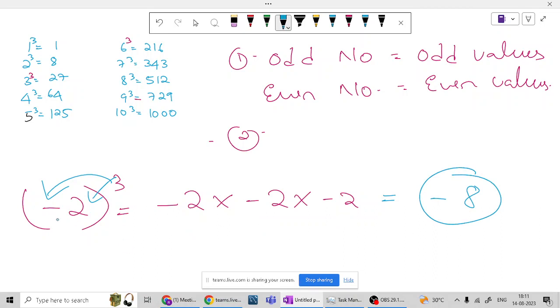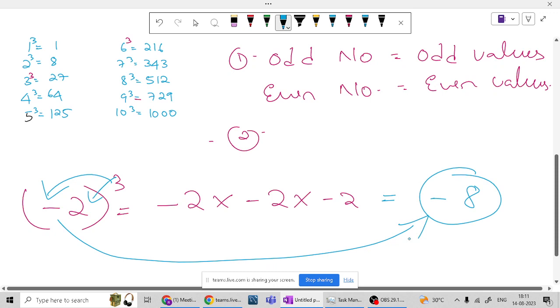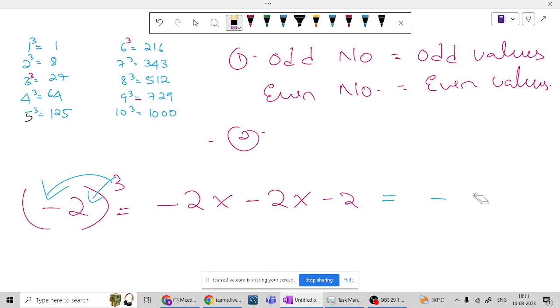So for a negative cube, what's the answer? Negative. For a negative cube, the answer is always negative. For a positive cube, the answer is positive.